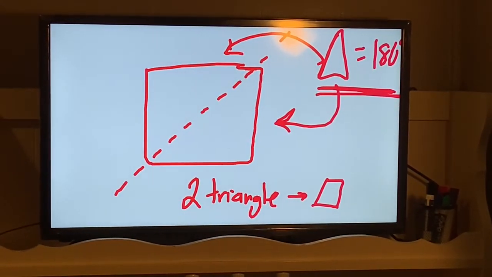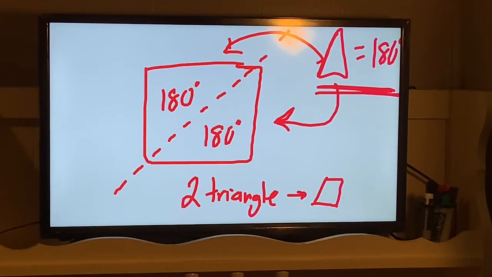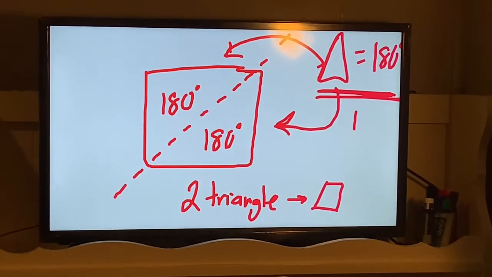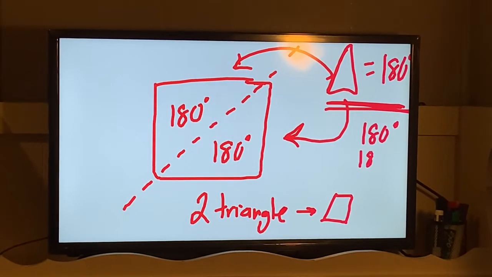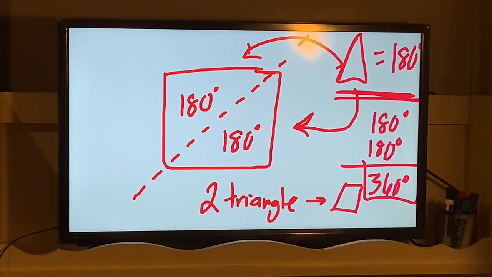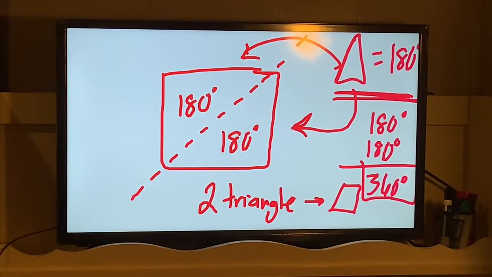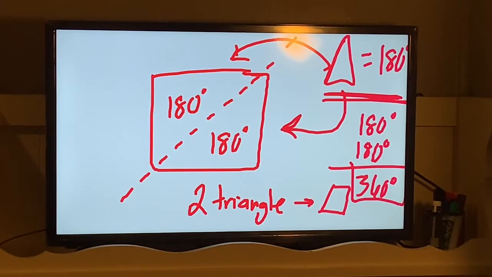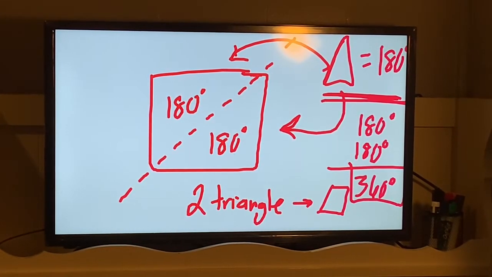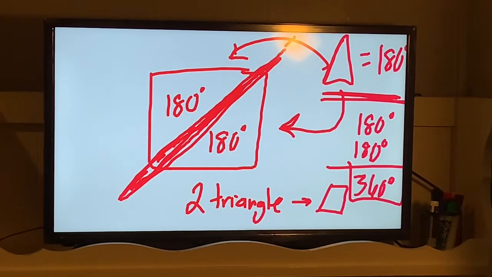So if one triangle is 180 degrees and the second triangle is also 180 degrees, if we add those 2 together, then that still gives us what we figured out a few seconds ago, that the total angle measurement of a square is 360 degrees. We just folded this square in half, and it gave us 2 different triangles.